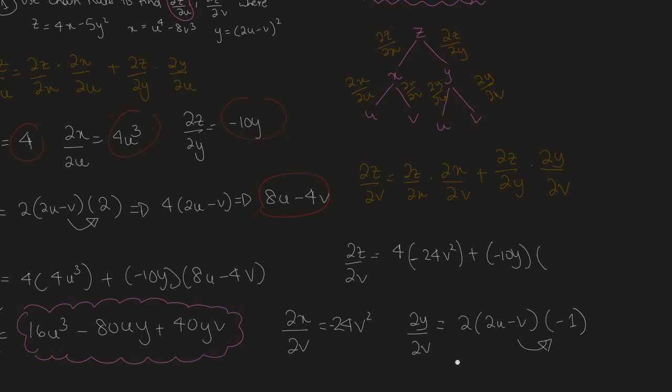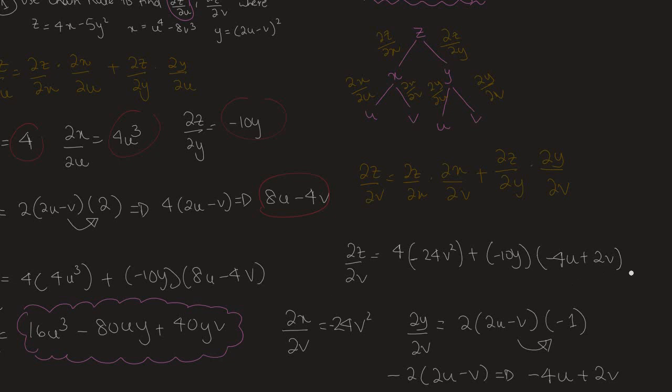So now write it all together, so that's going to be negative 2 times 2u minus v, and then negative 4u plus 2v. Okay, so this is the answer for derivative of y with respect to v. So we can write it over here. Negative 4u plus 2v.